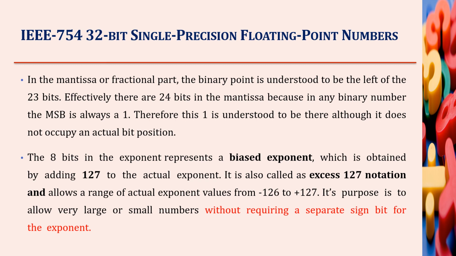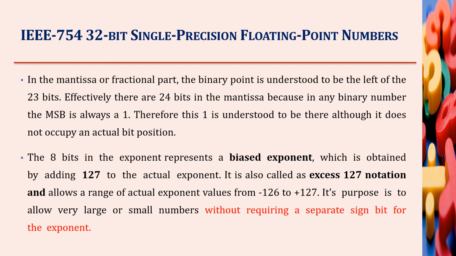The 8 bits in the exponent actually represent a biased exponent, which is obtained by adding 127 to the actual exponent. So it is also called excess 127 notation. It allows a range of actual exponent values from minus 126 to plus 127.